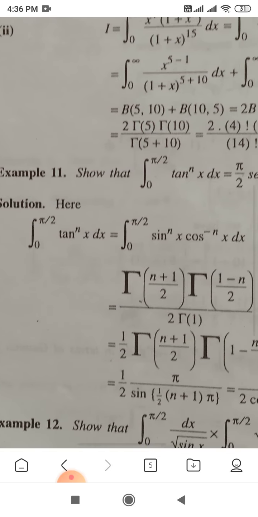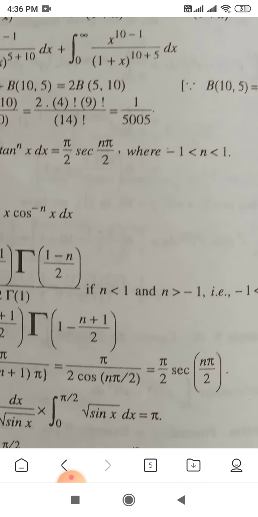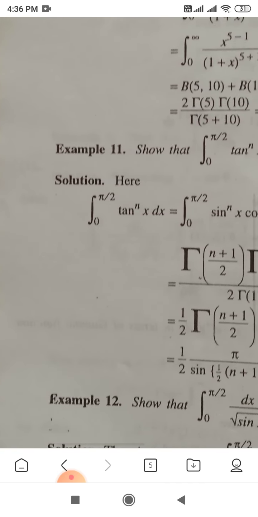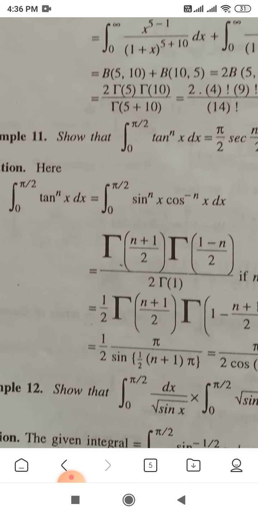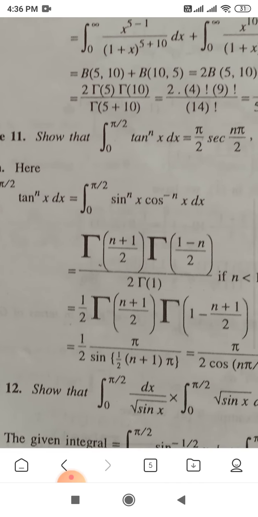Next problem is to show that integral 0 to infinity of x^n upon (1 + x^2) dx is equal to pi by 2 sec(n pi by 2), where n lies between -1 and 1. Here the integral 0 to pi by 2 of tan^n x can be expressed in the manner sin^n x upon cos^n x, that is sin^n x cos^(-n) x dx.